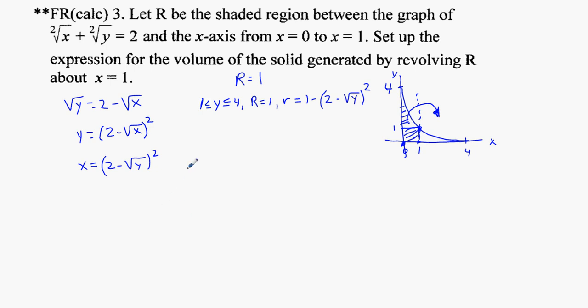So our volume is going to be the rotation of this square around here from 0 to 1. So we have pi times the integral from 0 to 1 of big R squared, and big R squared is going to be 1 squared dy. There's no little r because this section is really up against the axis of rotation.